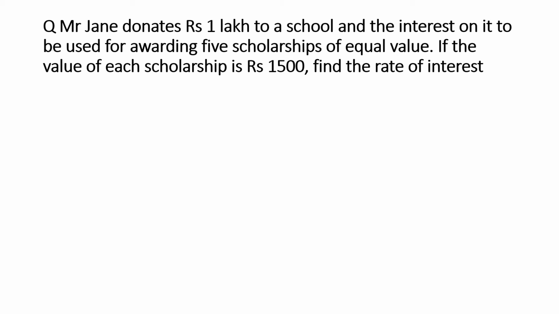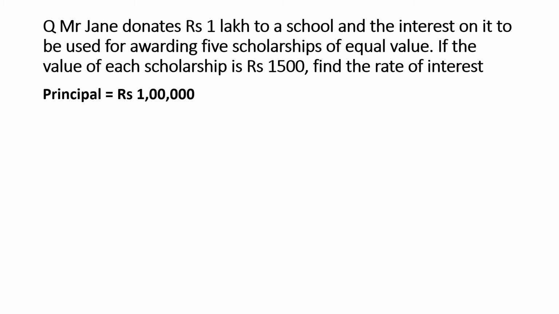So we can find the value of 5 scholarships, and that will be our simple interest. And you all know that a scholarship is provided every year. It means time here is 1 year. So we need to find the rate of interest. Everything is given in this question now.